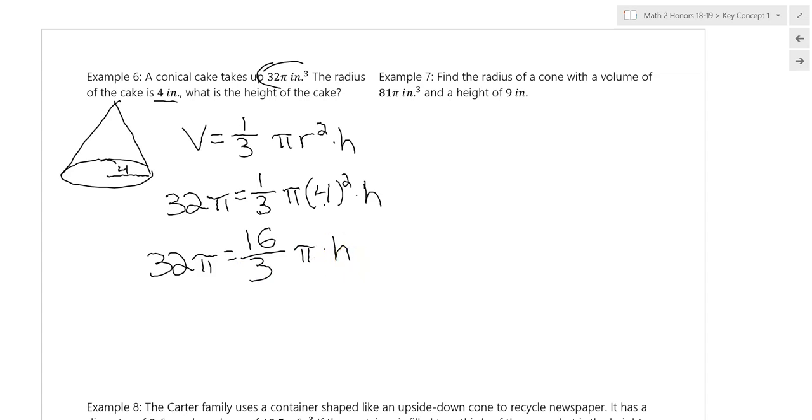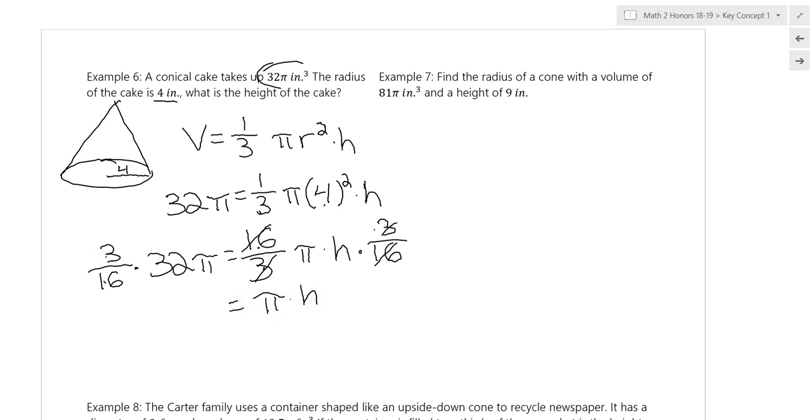And don't forget your pi. When you have a fraction, the easiest way, instead of dividing, is just multiplying by the reciprocal, the flipped fraction. I'm going to multiply this side by 3/16. I'm going to multiply this side by 3/16. What happens? Well, if I'm multiplying 16/3 times 3/16, the 16s cancel out and the 3s cancel out. I'm left with pi times h.